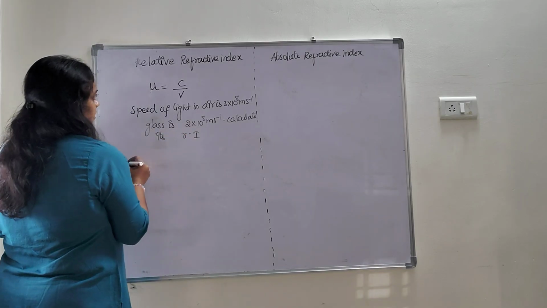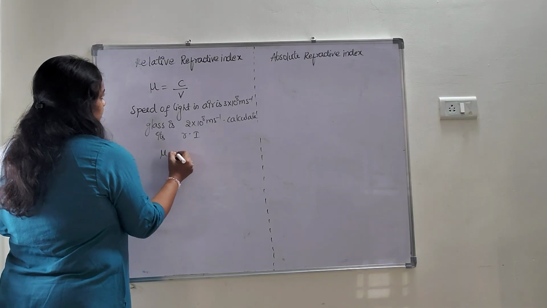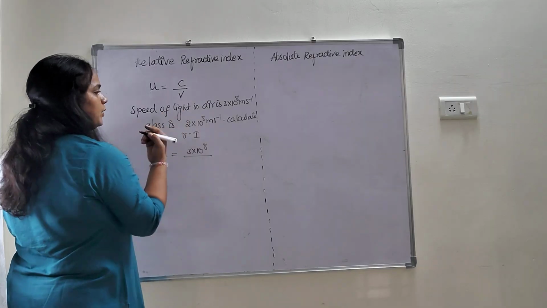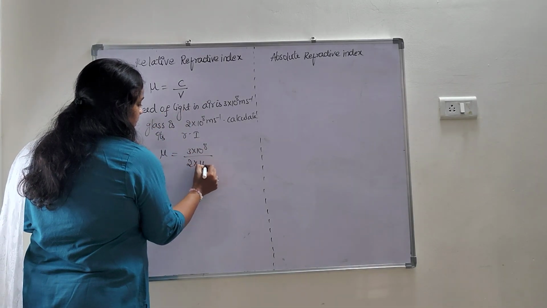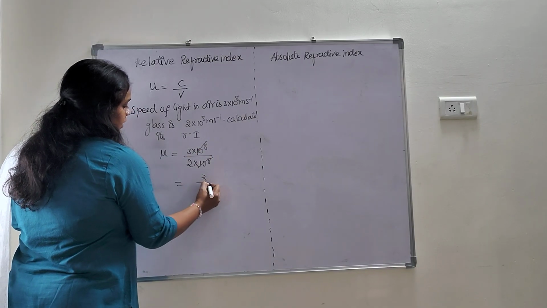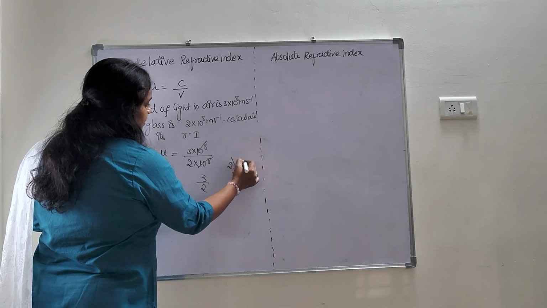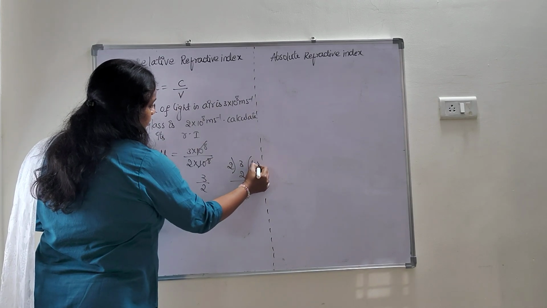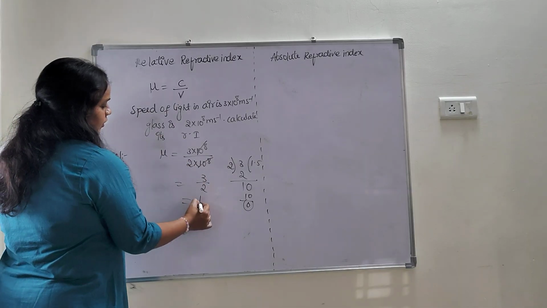So given, solution: mu equals C, which is 3 into 10 to the power of 8. As I said, in the denominator you can take any medium. So 3 into 10 to the power of 8 and 2 into 10 to the power of 8. Zeros are there, yes, both will be cancelled. So 3 by 2. You can leave it like this, or convert it to decimals also. So the refractive index of glass is 1.5.